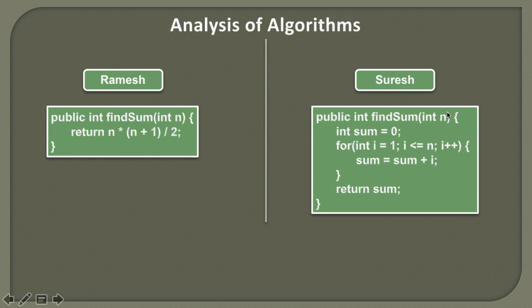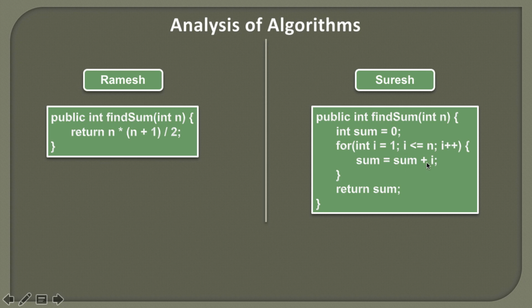Let's say we input the value of n as 5. So sum will start as 0. When this for loop starts execution, i becomes 1 and we check whether 1 is less than 5 or not. It is less than 5. Then we add 0 with 1, because the initial value of sum is 0.